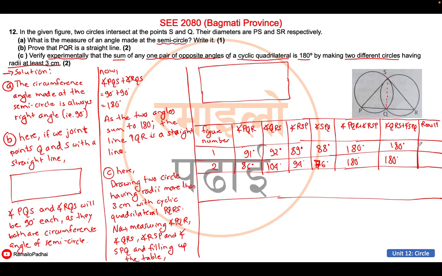And in the result we write that opposite angles sum to 180 degrees.